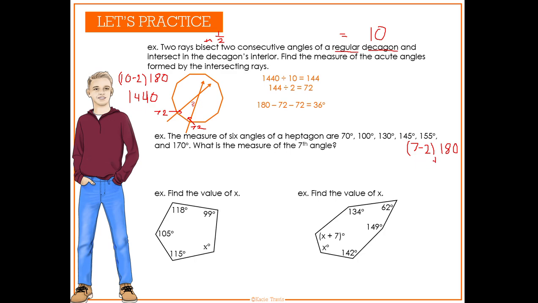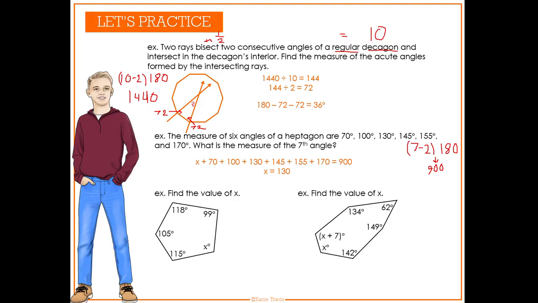That's going to give us 900. So all we have to do is add all these angles, x, the thing that we're looking for, and all 6 of the ones they gave us, equal to 900. When you subtract all of those angles from 900, that tells us that the final angle there is 130. So we just took our time. We were able to do it.